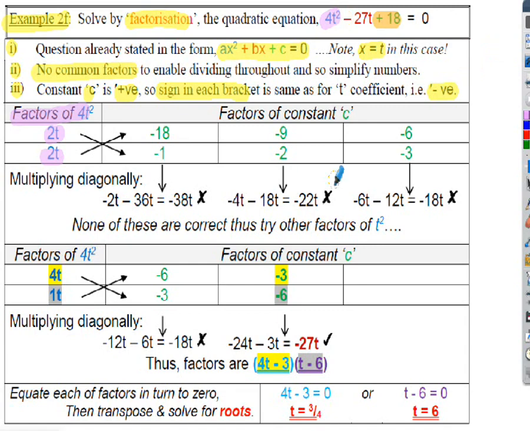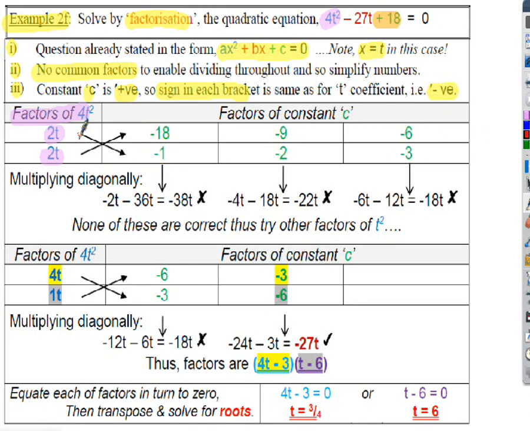But I've got quite an array of factors I could use to make positive 18 for my constant. I could use negative 18 multiplied by negative 1, that's positive 18. I could use negative 9 multiplied by negative 2, that's positive 18. And I could use negative 6 multiplied by negative 3, because that's positive 18 also.